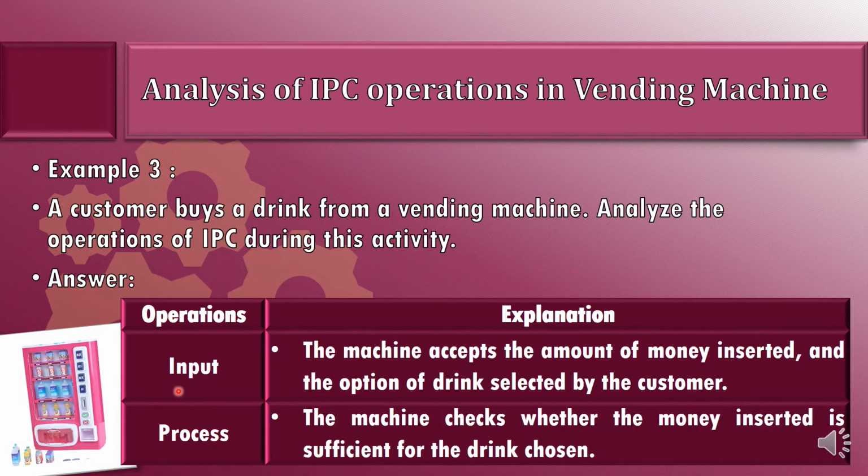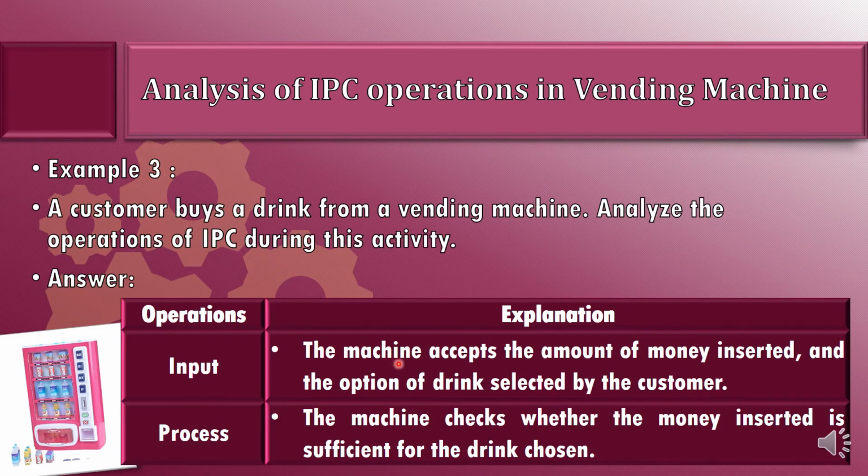For input operations, the activity that we can relate to input operations is this one: the machine accepts the amount of money inserted, and the option of drink selected by the customer. As you look here, actually we have 2 activities.